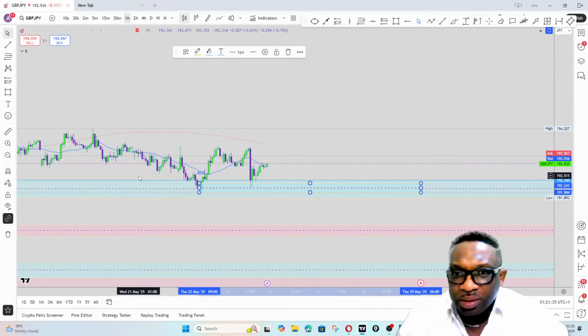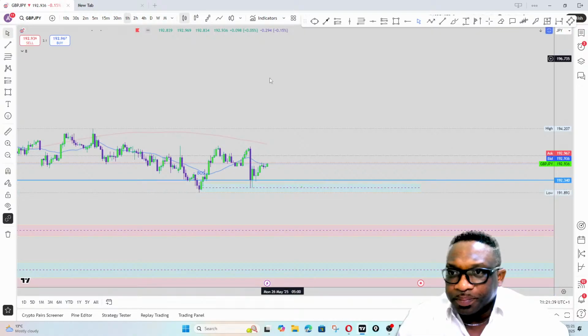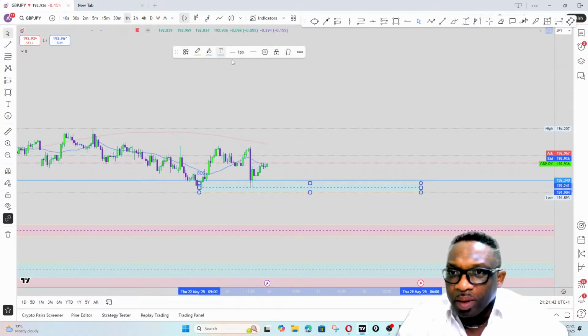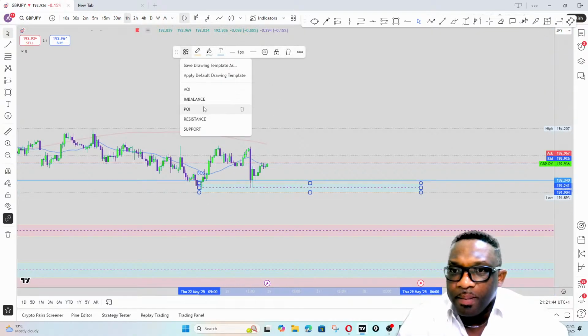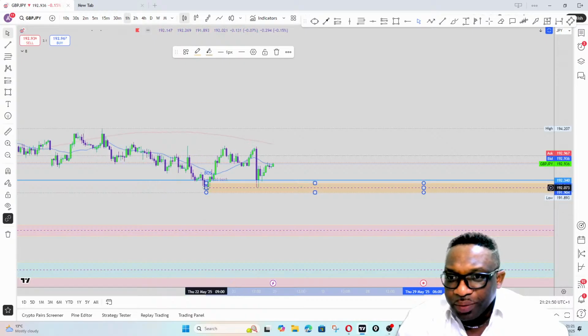Okay, let me clear this chart a little bit. So on the 1 hour, this is the origin of this break of structure.